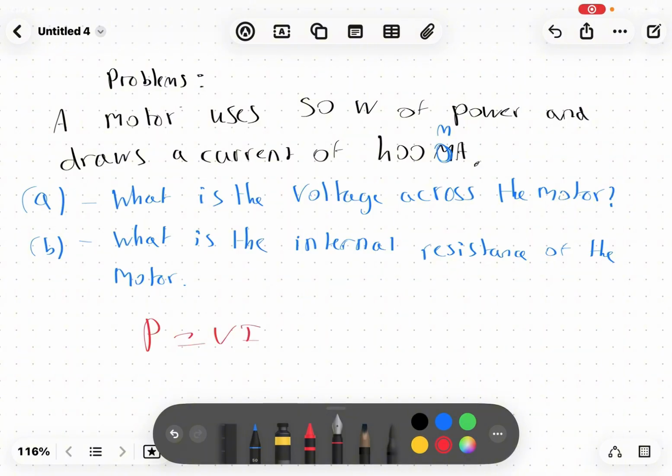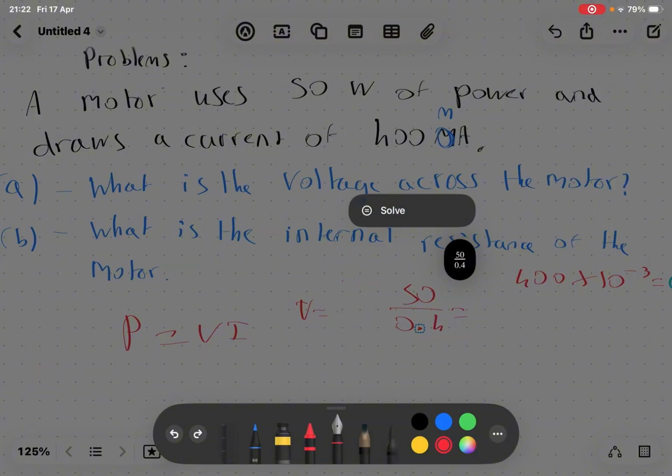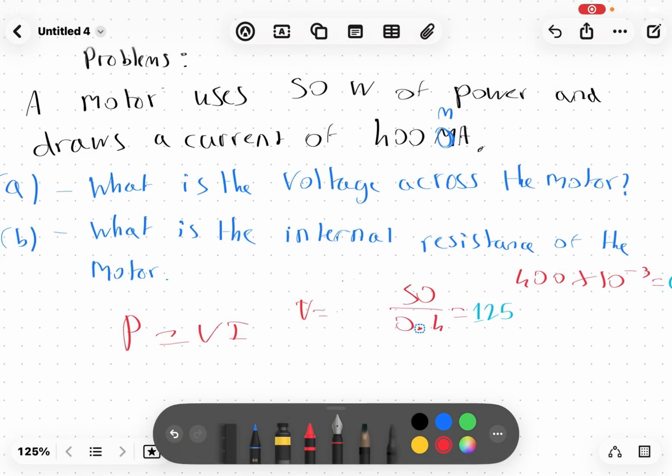Our amps is 400 times 10 to the power minus 3, which equals 0.4. So we just do P divided by I to give us the voltage. That will be 50 divided by 0.4, so the answer will be 125 volts.